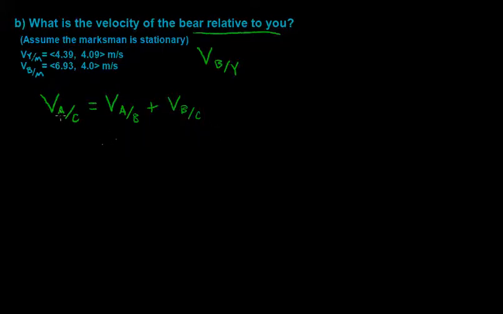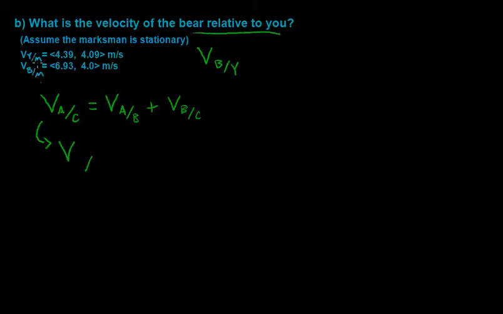So we can see that the letter C shows up in the denominator twice in two of these subscripts, and we have that our marksman, the relative to the marksman part, shows up in the denominator twice as well. So basically, we can reform this equation to start to fit our model.